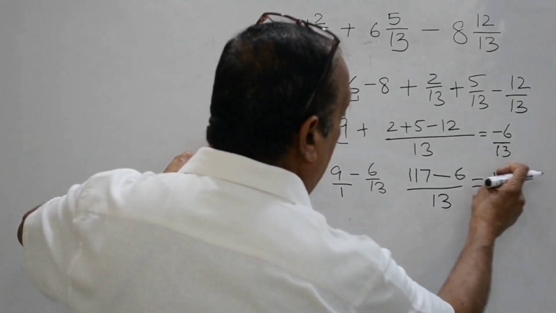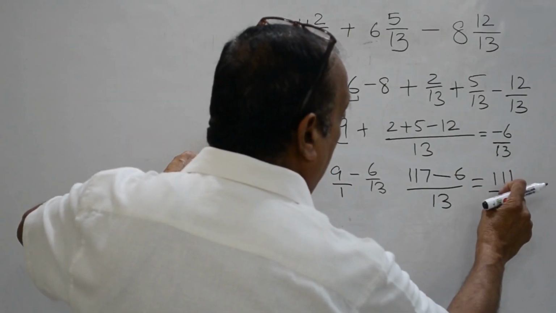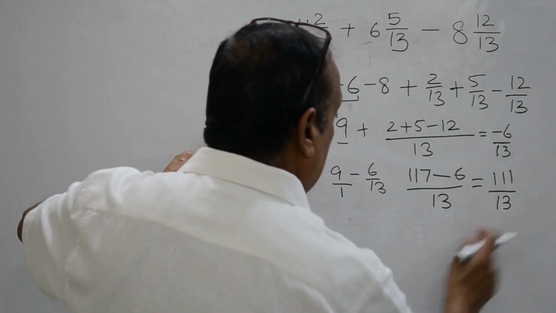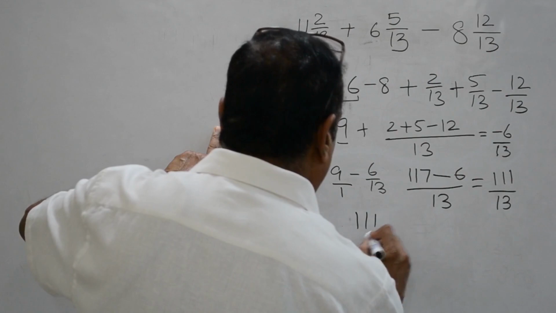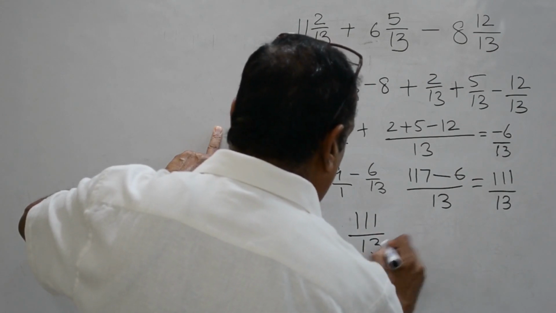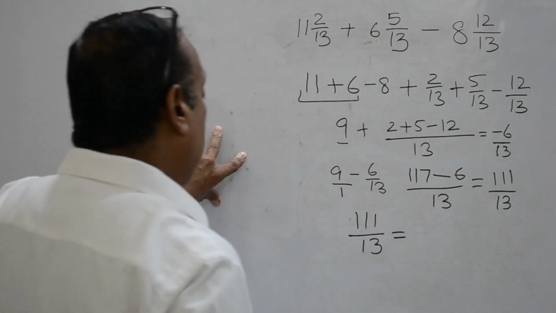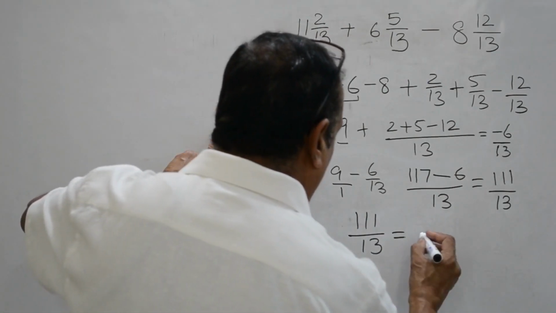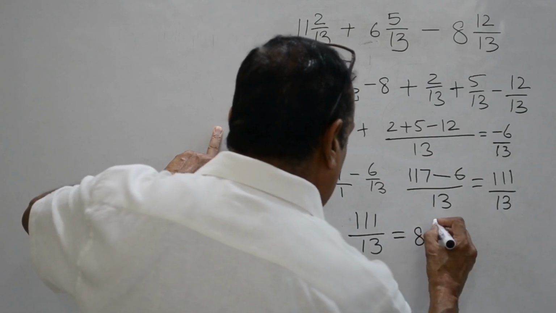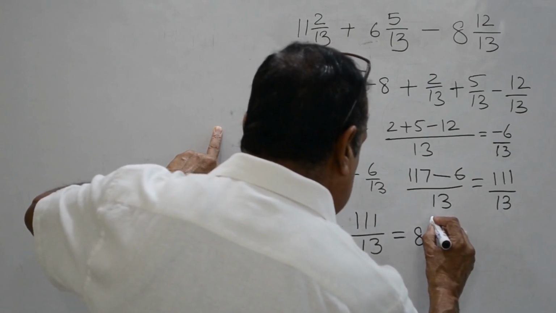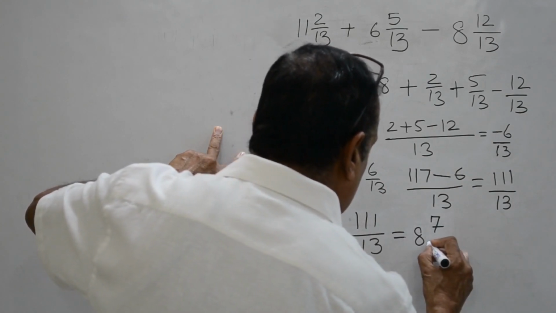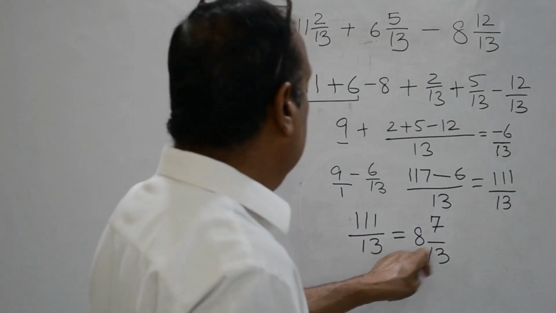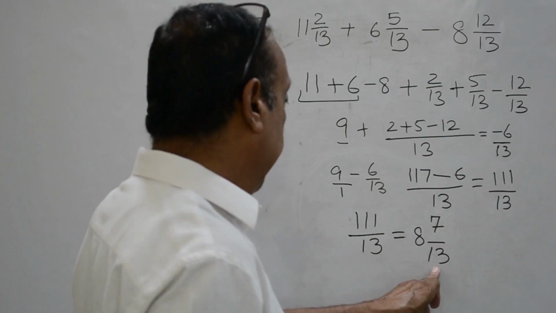Now we can convert this 111 upon 13 into a mixed number. So 111 divided by 13, when converted into a mixed number, we get 13 eights are 104. So it is 8. 111 minus 104 is 7. So it comes out to be 8 whole number 7 upon 13.